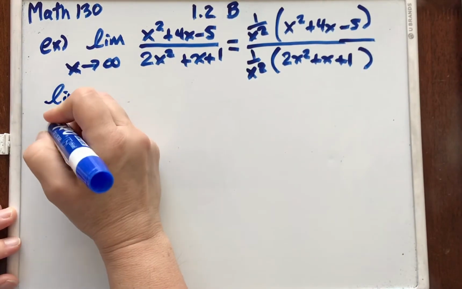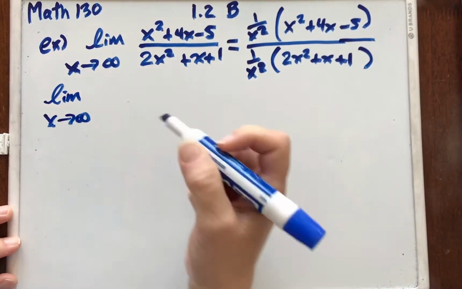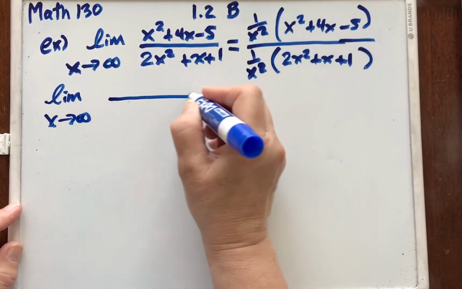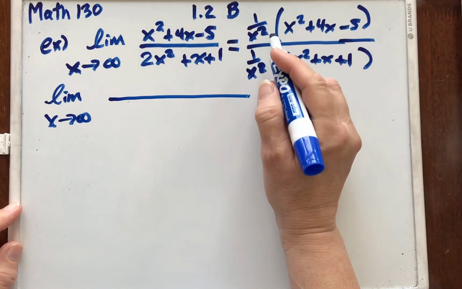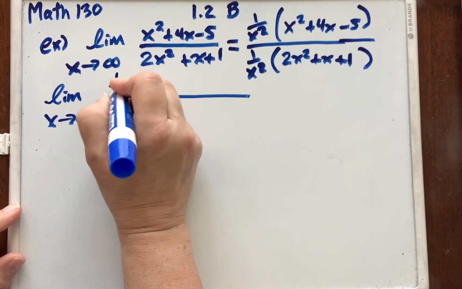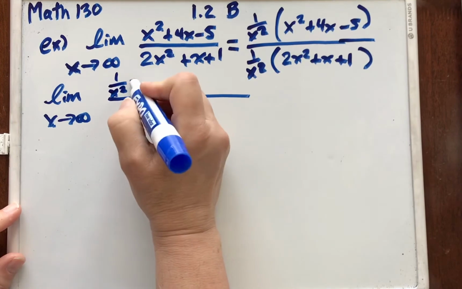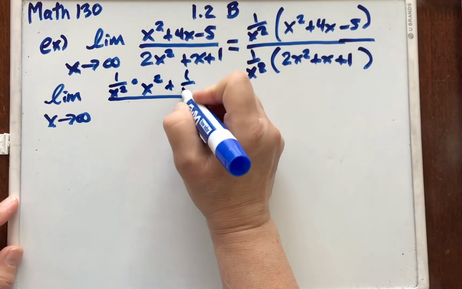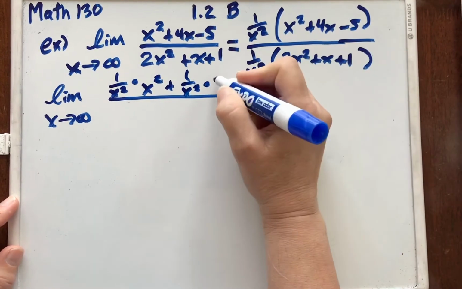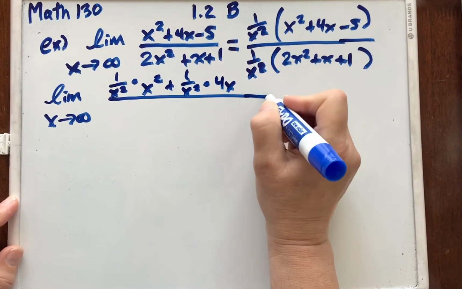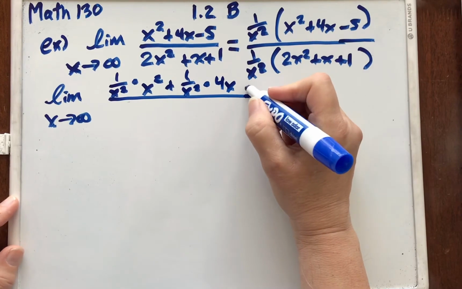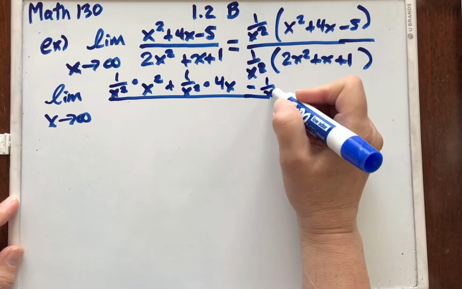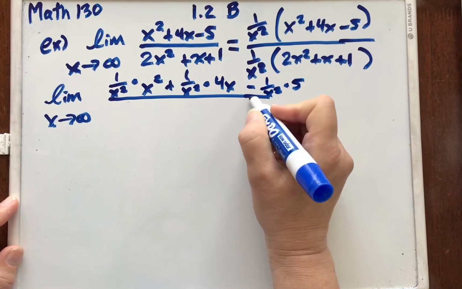Let's see what happens when we do that. The limit as x approaches infinity. Now we're going to distribute this to each term inside. So we have 1 over x squared times x squared, then plus 1 over x squared times 4x, and then minus, because there's a minus right there, 1 over x squared times 5.